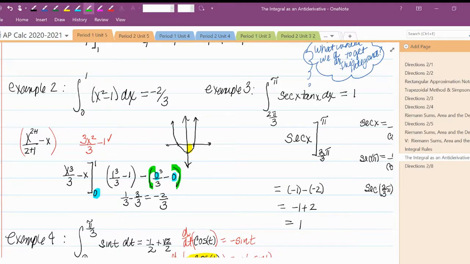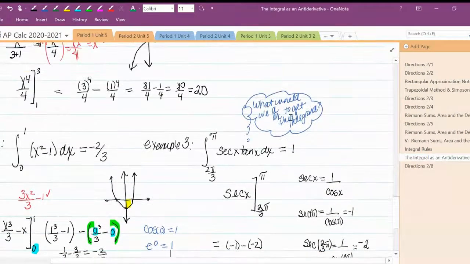I'm asking you to substitute the 0 because there are cases where a function evaluated at 0 does not equal 0. For example, cosine of 0 equals 1. E to the 0 equals 1. So you want to make sure that you don't make a mistake and leave something out that you should be accounting for. And this antiderivative evaluated at the upper and lower limit is negative 2/3, which makes sense because I see that that area is below the curve.